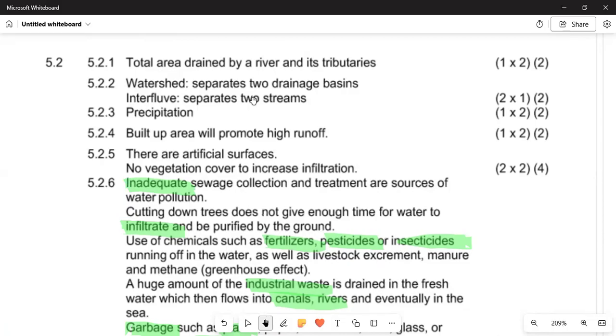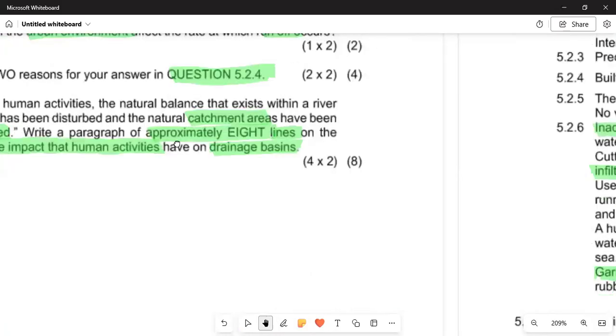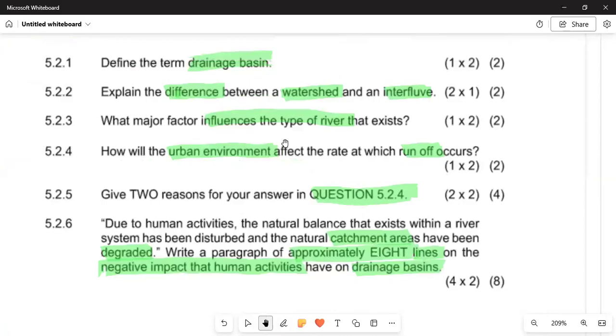All right. Then we are moving on to 5.2.3. So we can see that we are having the question, what major factor influence the type of river that exists? That is 5.2.3.